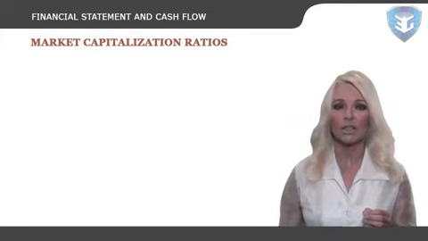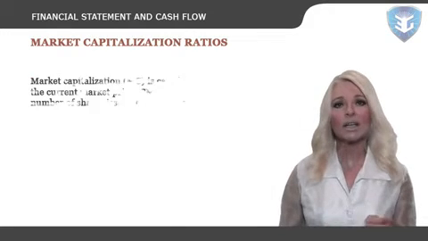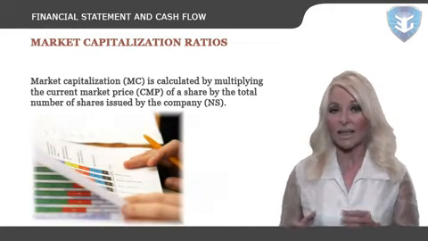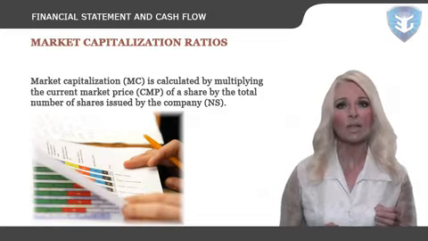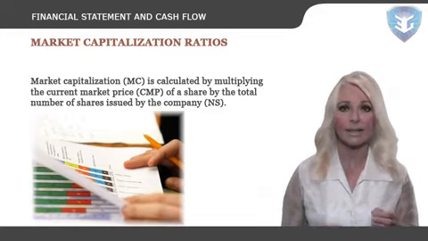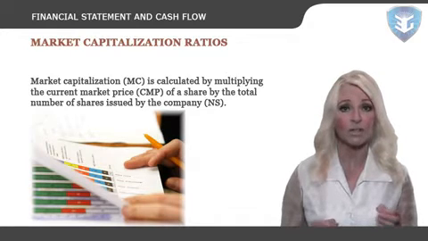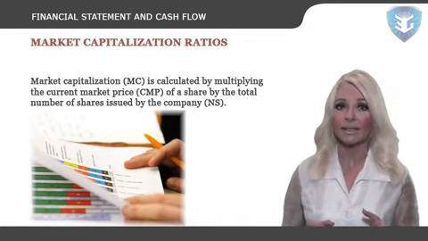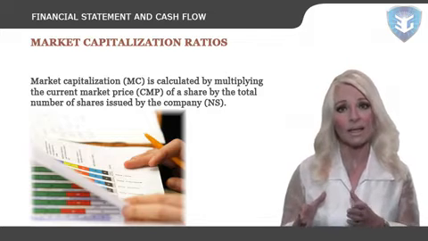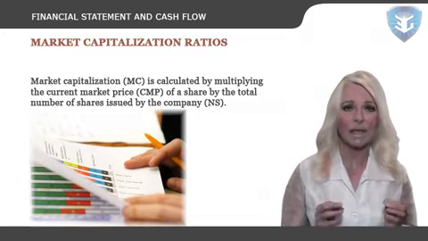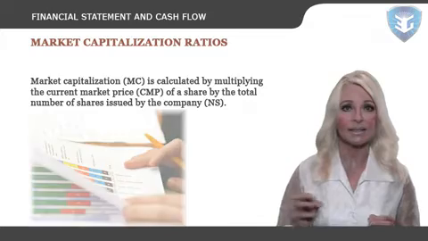Market capitalization ratios. Market capitalization, MC, is calculated by multiplying the current market price, CMP, of a share by the total number of shares issued by the company, NS, with the formula MC equals CMP multiplied by NS.